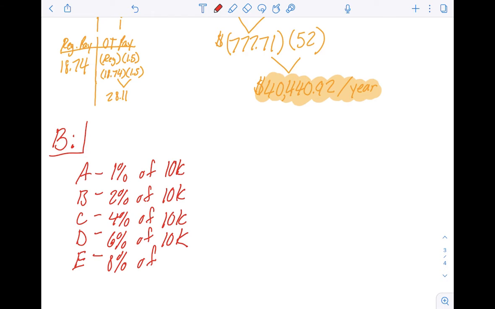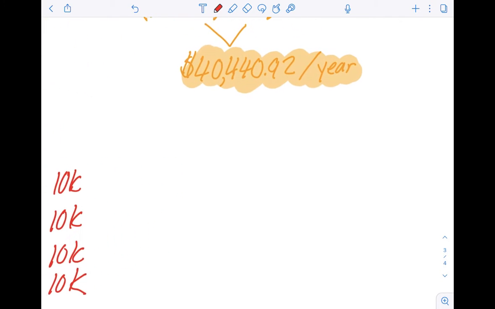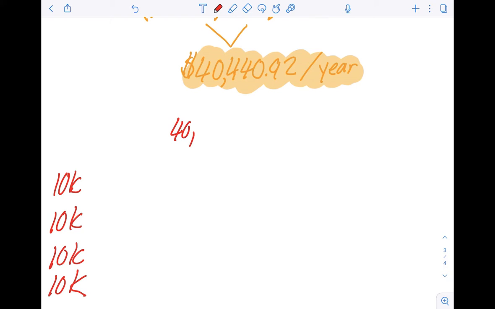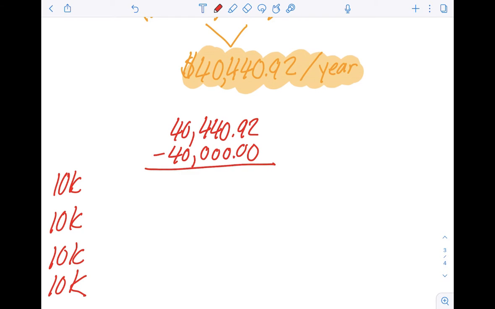Now the last one we always find, remember, we have to subtract what we got from these four from our original number. So this is 10,000, 20,000, 30,000, 40,000. So we take our original 40,440.92 and we have to subtract 40,000. Just like that. And what is that going to give us? Let me move this out of the way.